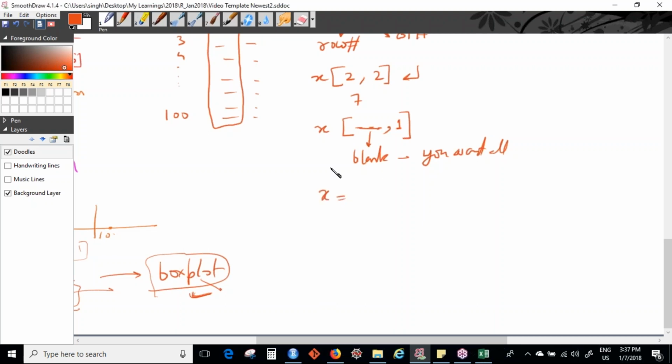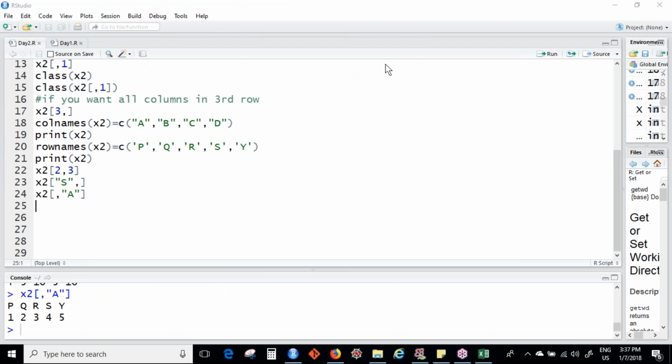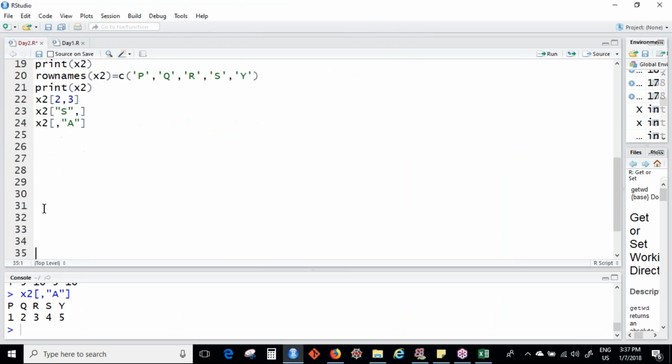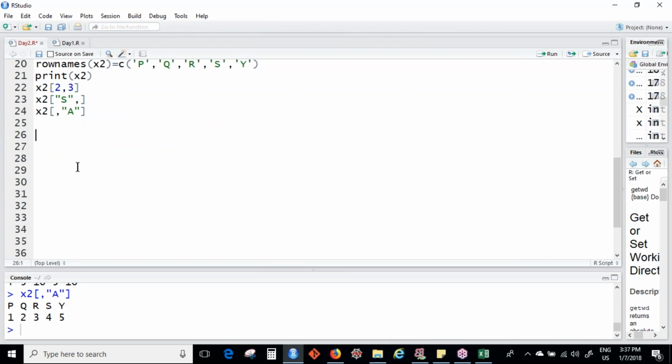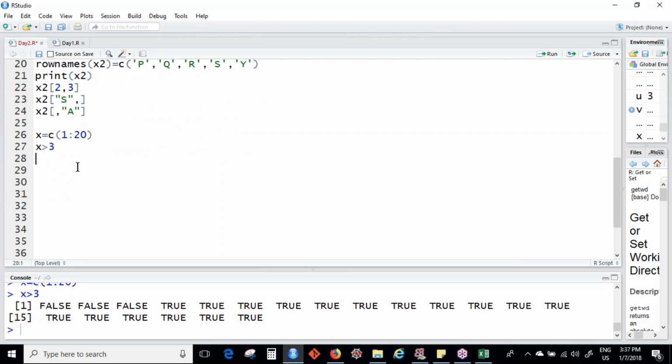Okay, let's go to R and see. So let's say you have a vector x is equal to 1:20. Okay, and if you give a condition like this, so what will this give you?